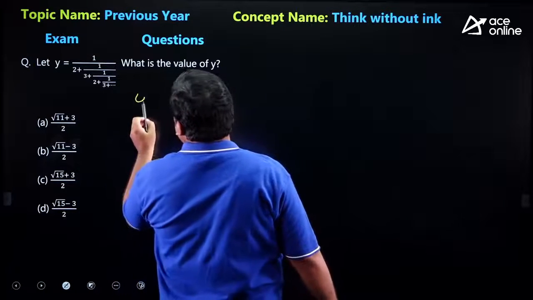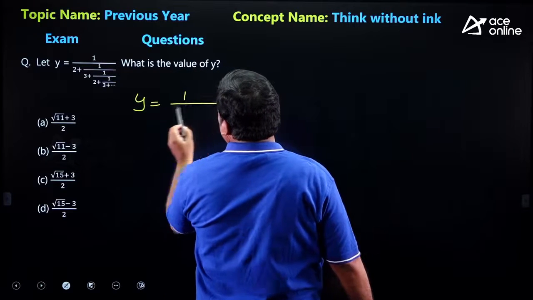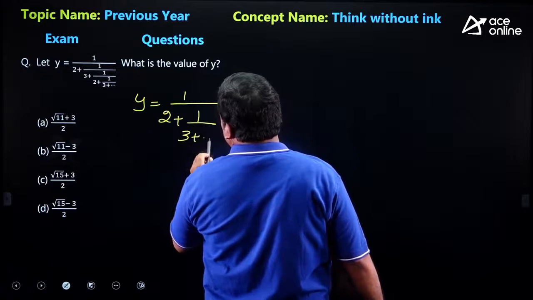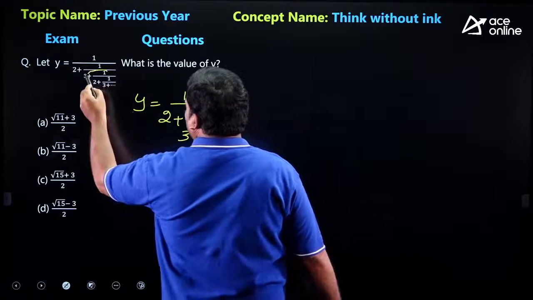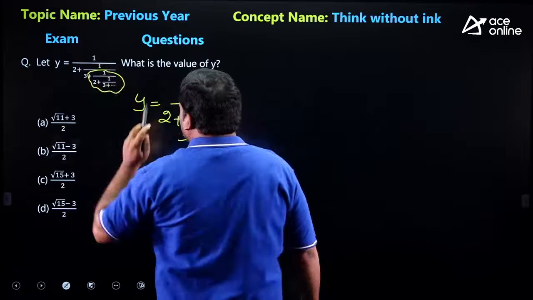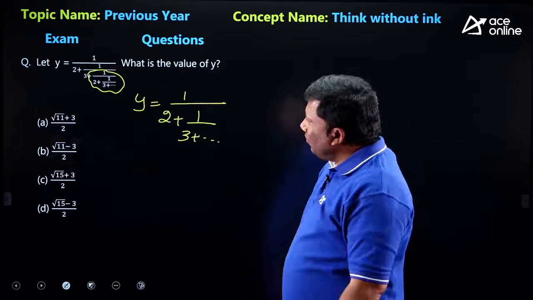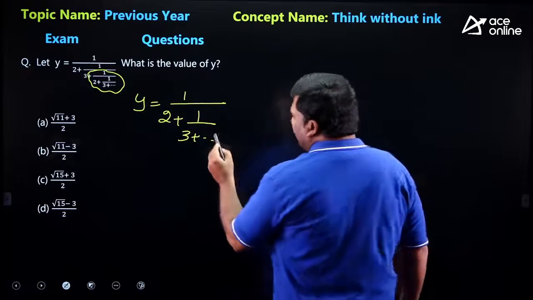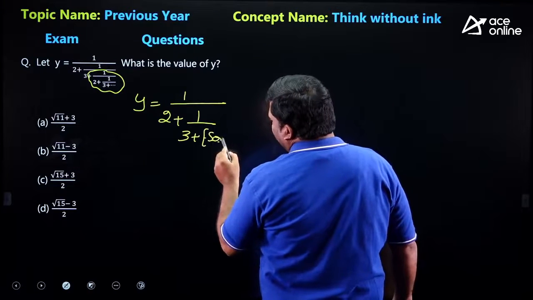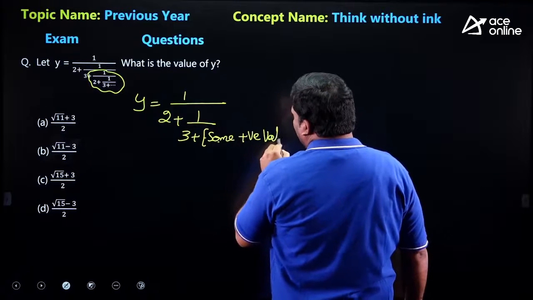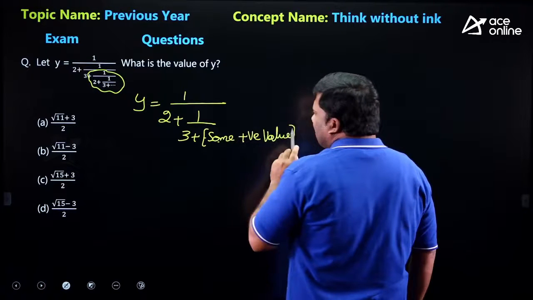Question is y is equivalent to 1 by 2 plus 1 by 3 plus and so on. This entire value is positive. So y is 1 by 2 plus 1 by 3 plus some positive value.